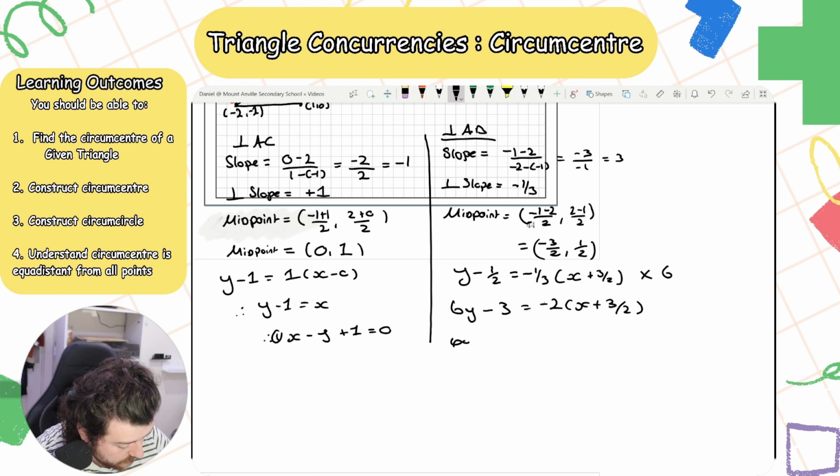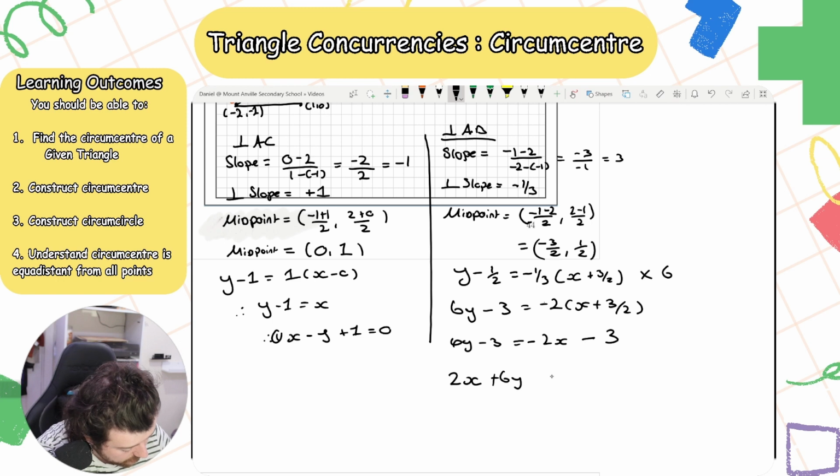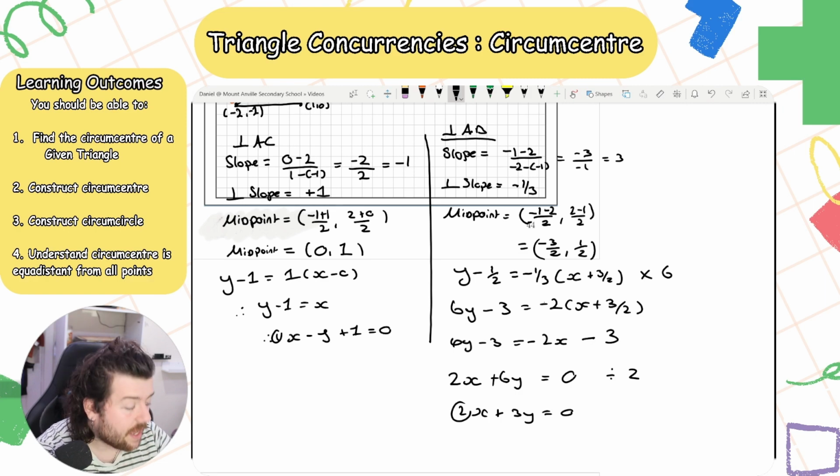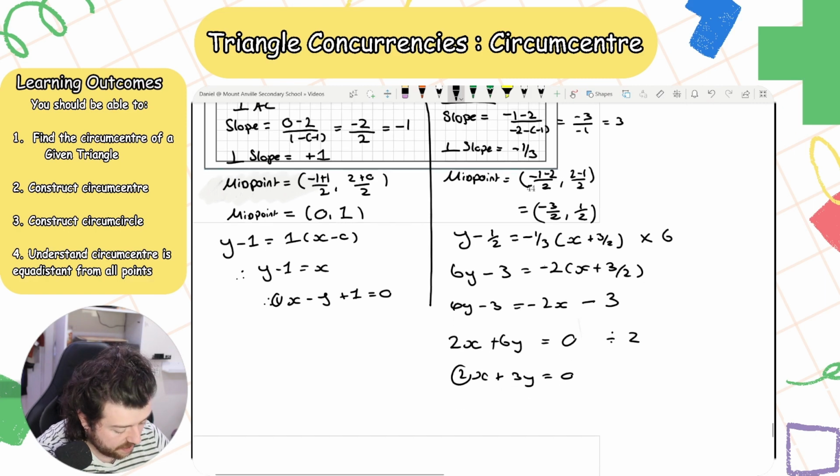So 6y minus 3 equals minus 2x minus 3. Bring everything over to one side: 2x plus 6y equals 0. I can divide here by 2. So I have x plus 3y is equal to 0. And that is my second equation right there.